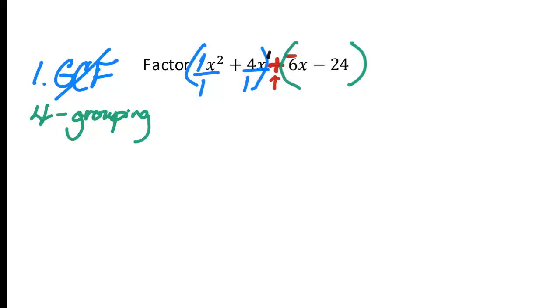I can take the smallest exponent from both of them, and that would be an x to the first, or just x. So this is my greatest common factor, which is 1x.